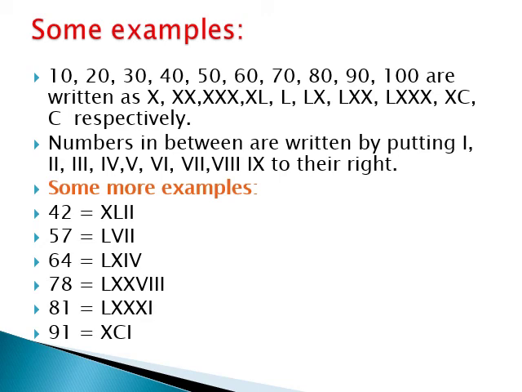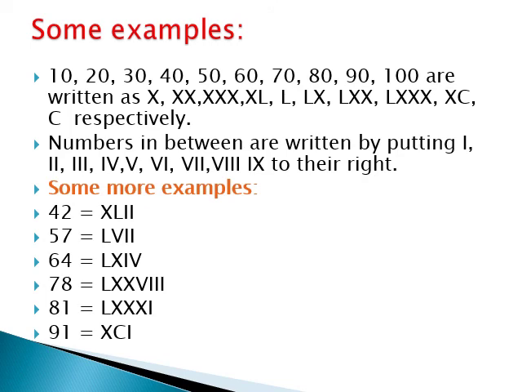See how it is written in the Roman numeral form. So 42 is equal to 40 plus 2. So it means 40's value is XL, value of 2 is II. So it becomes XLII.